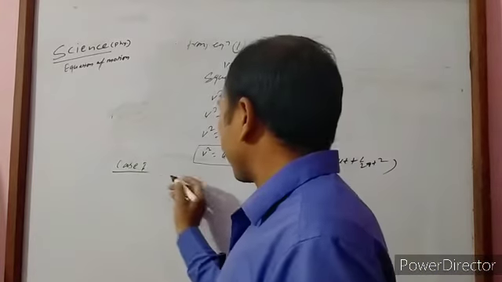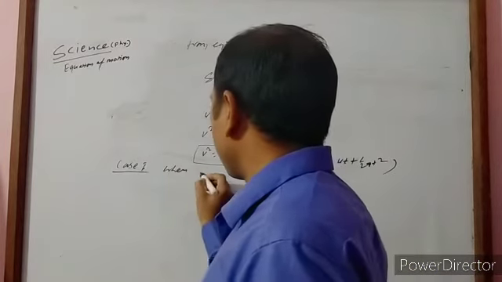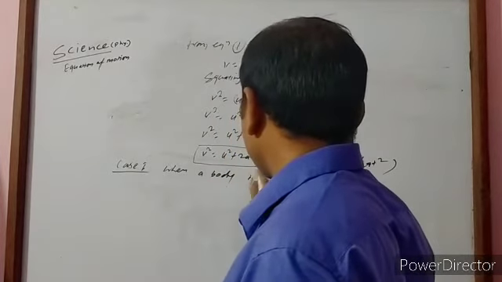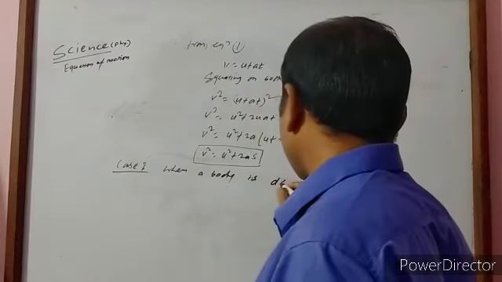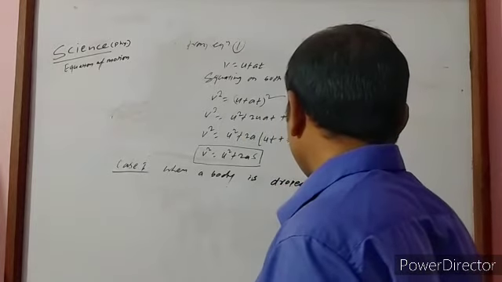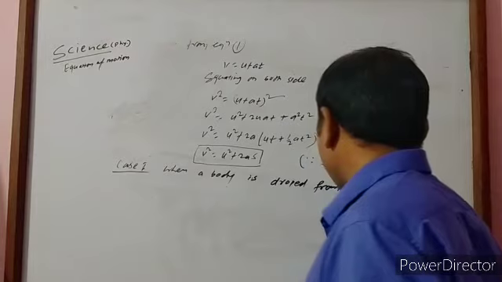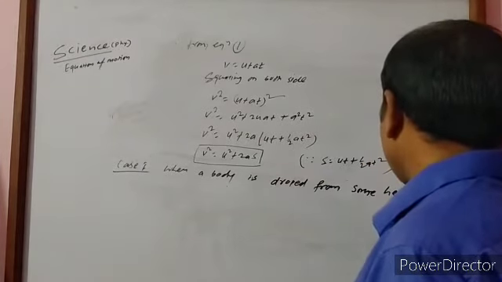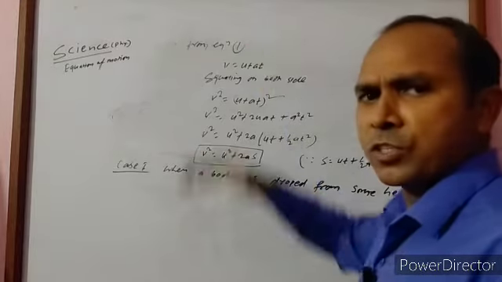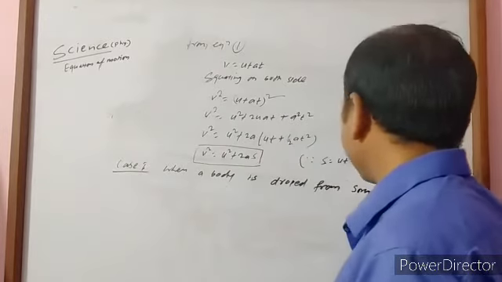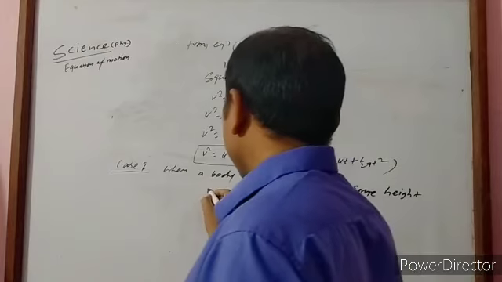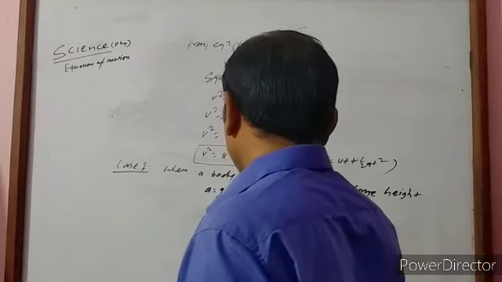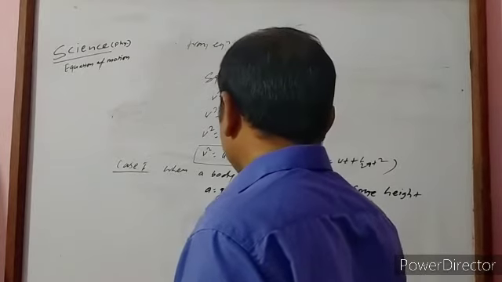Another case: when a body is dropped from some height, or falls from some height, at that condition a becomes g and s is equal to h.